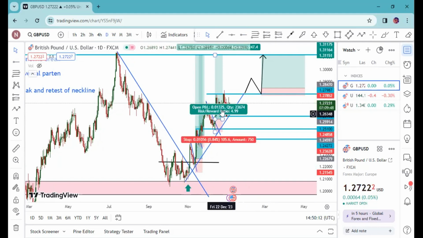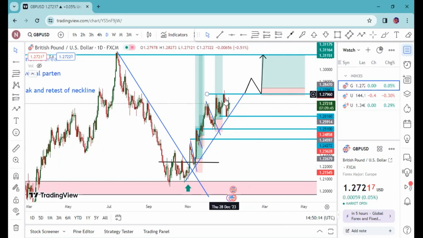You can see one top down, going for another top here. If it cannot break here and moves like this and breaks here, maybe up to here and retest here, guys, I'm done. I'm going for a sell. Where? Here.